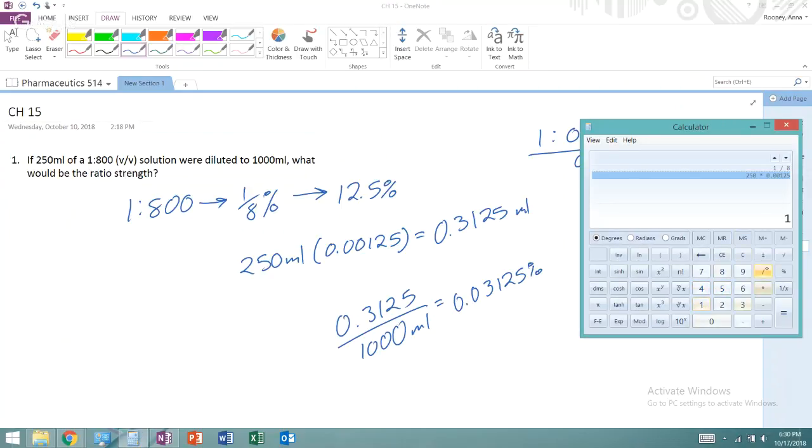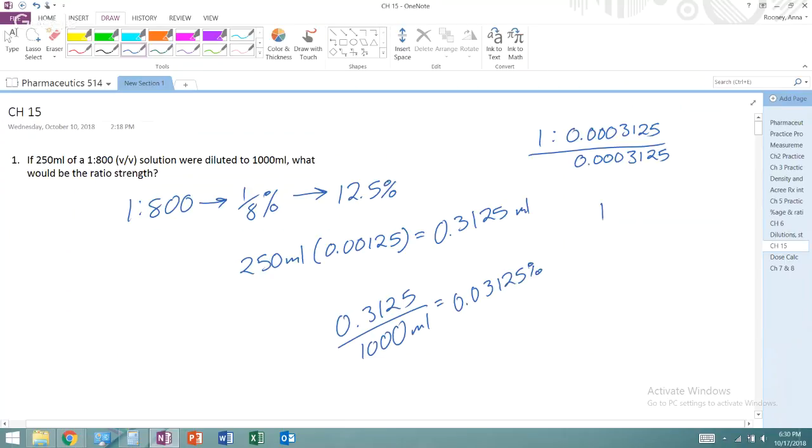So 1 divided by 0.03125 is 3,200. And that is how you get your answer.